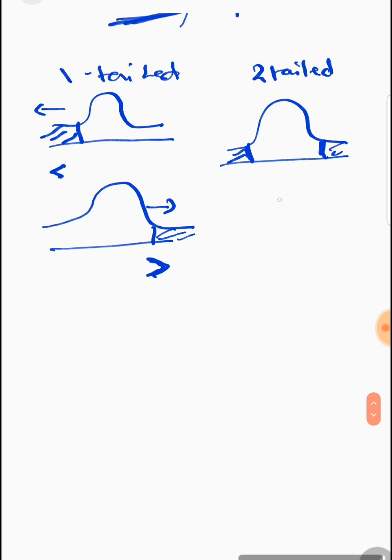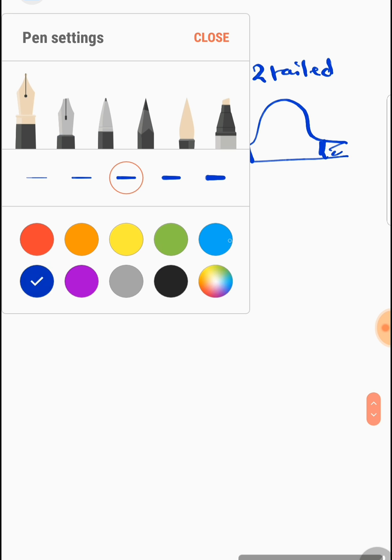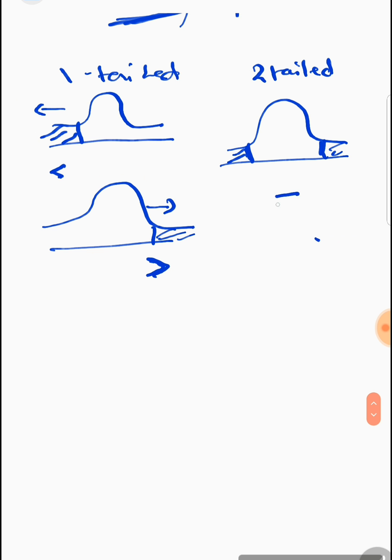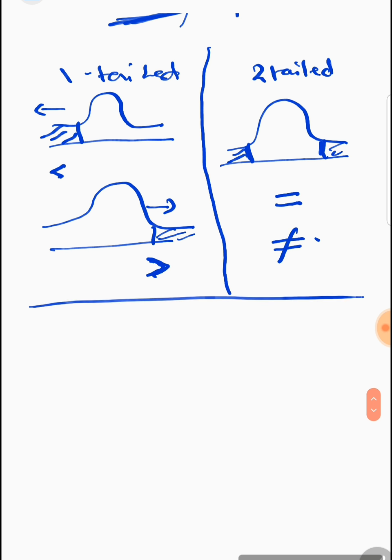Remember in the earlier example, we claimed that the battery life is 150 hours. So this 150 hours here is where we look at equal or not equal to.